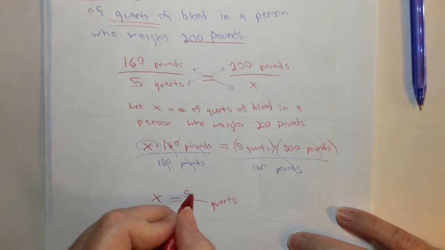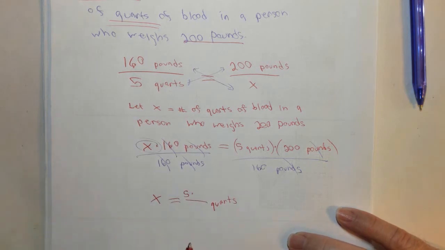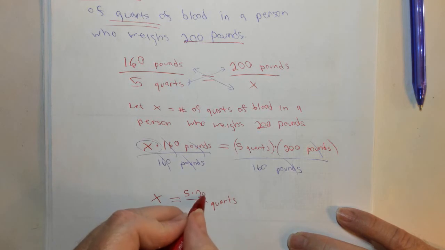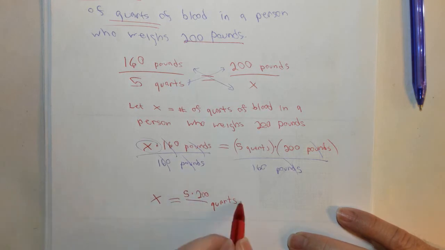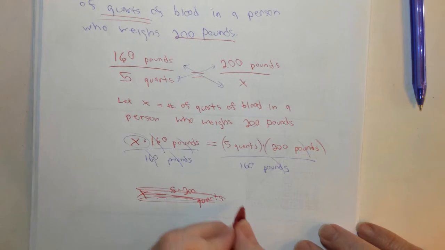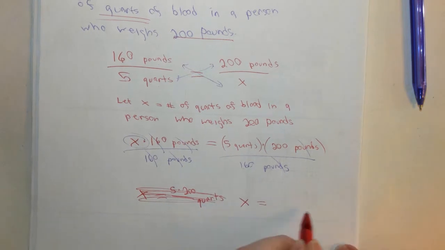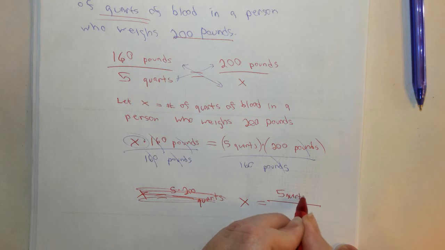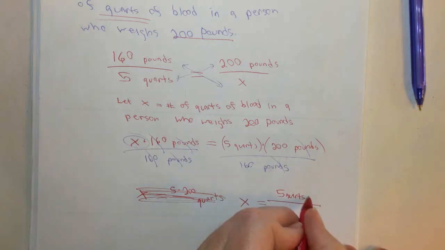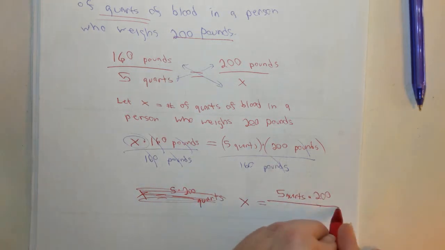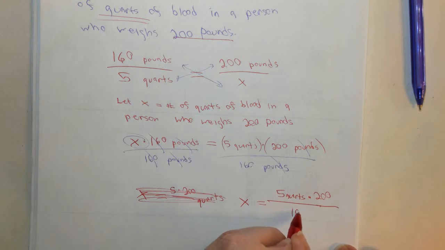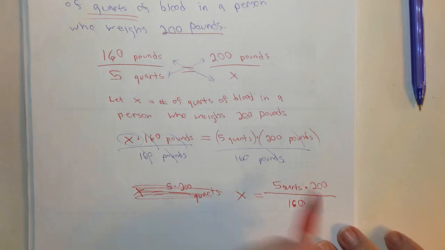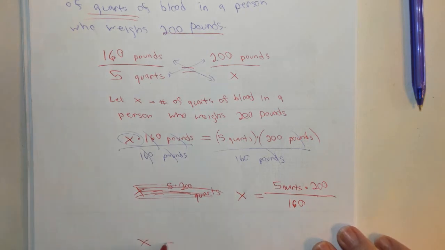I have 5 quarts, and I've got that 200 floating around, and then I have 160 left on the bottom. So at the end of this, I should end up with just quarts.